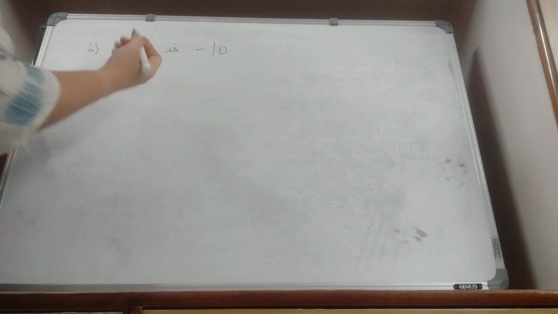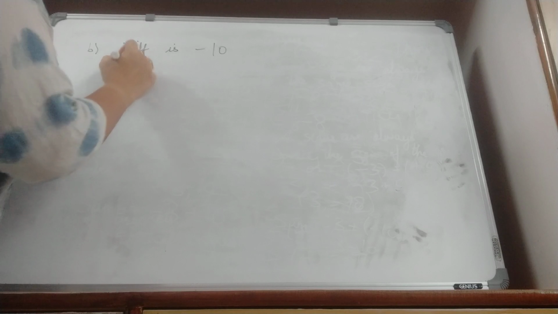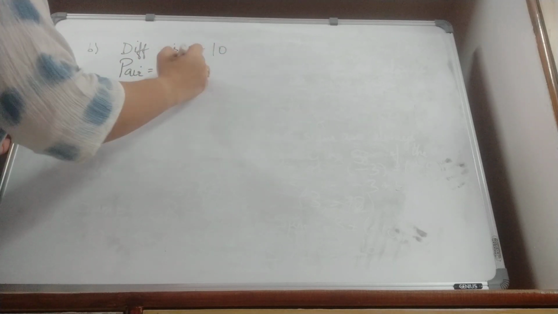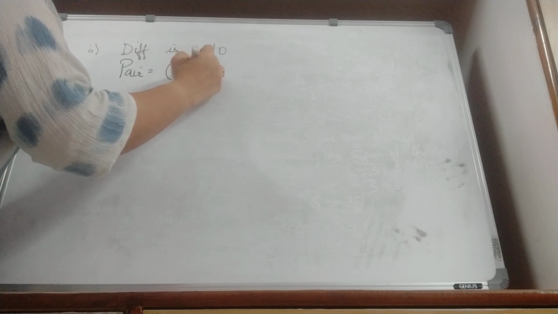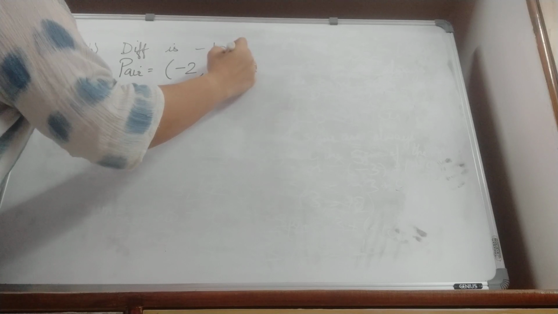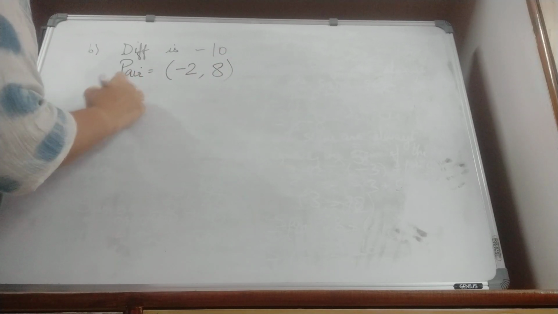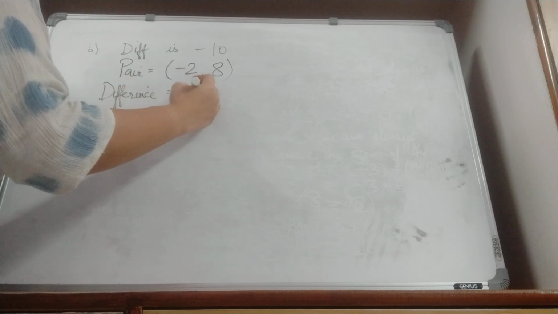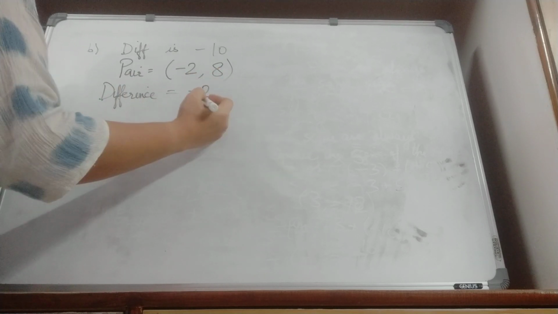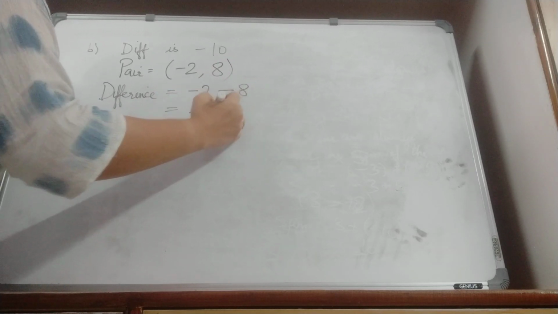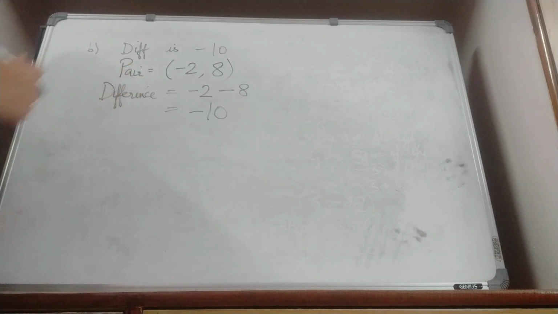So let's say, supposing I take the pair to be, let's say -2 and 8. Now let's check. First integer minus the second integer, which comes out to be -10. So this pair is fine for the difference.